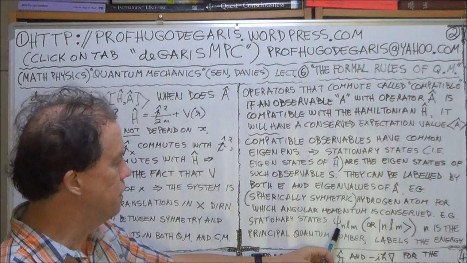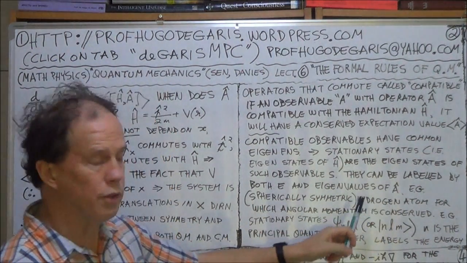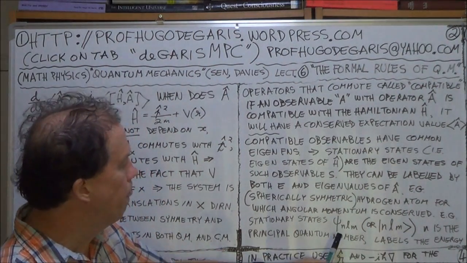Then the eigenstate that's in common for these two observables you can write in this form.